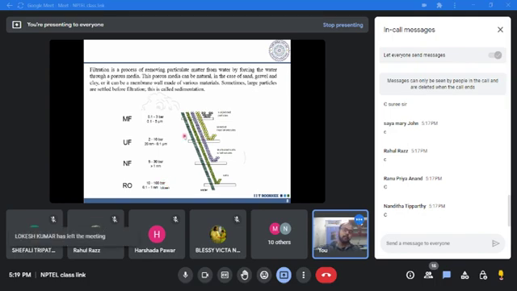So when you go from micro to nano or RO, the pore size becomes lower. So depending on the pore size, it will allow particles through, like for microfiltration, suspended particles will be filtered.